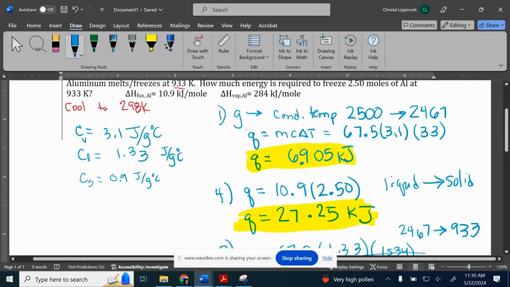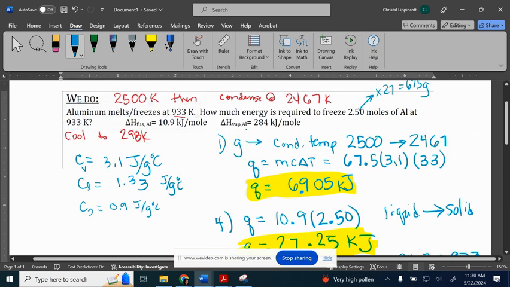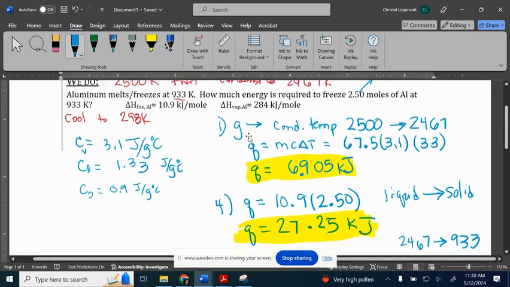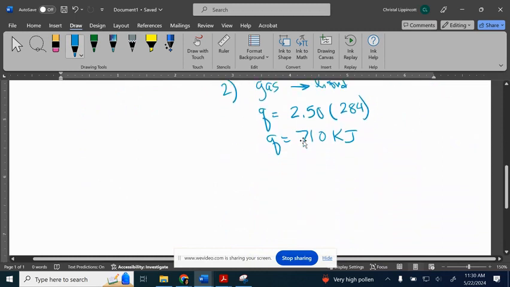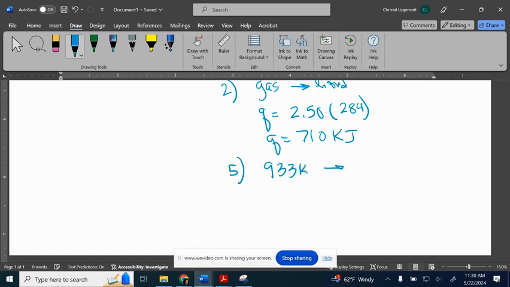And then the last step I need to take is to cool this down to the point where I am at 298 Kelvin. So I'm going to go through this. This is going to be step 5. So step 5, we are going from 933 Kelvin down to 298 Kelvin. So that's my temperature change there, 933 minus 298.